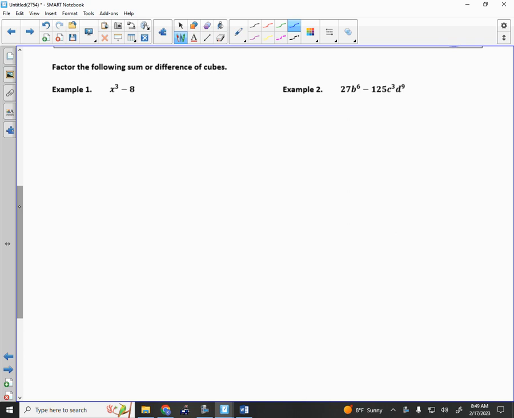I see difference of cubes. Binomial, trinomial. What goes in these two spots here? I got an x and I got a 2 because it's minus. I subtract. What goes here?